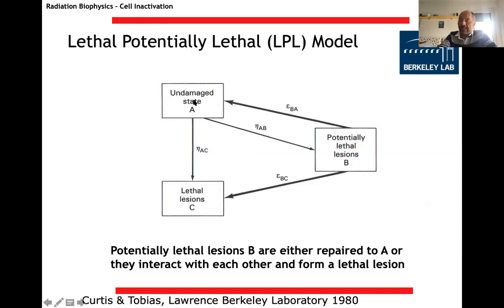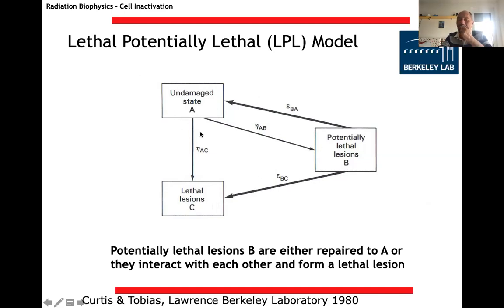Then this undamaged state can go either toward the lethal lesion, that can be, for example, a complex clustered double-strand break, which is unrepairable, or you can go to a potentially lethal lesion that can be correctly repaired, for example, using homologous recombination, or can be incorrectly repaired, becoming a lethal lesion, for example, alternative non-homologous end joining leading to an asymmetrical chromosomal aberration. So now you only have to write the kinetic equations here.